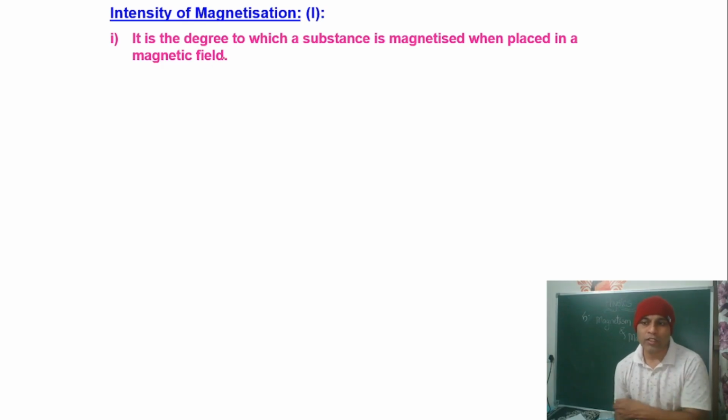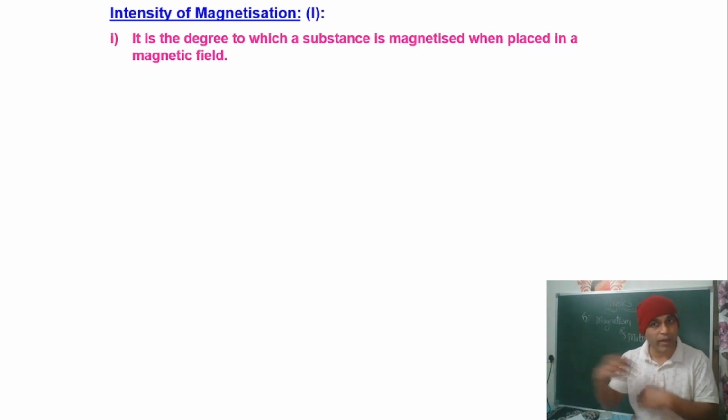So it is not about a magnet affecting others, but when it is in contact with another magnetic field, how it will get affected. It is the degree to which it gets affected by the other magnet, not how it affects the other one.